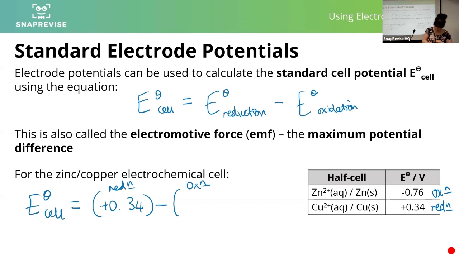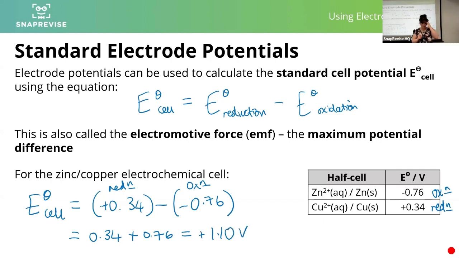So minus minus 0.76. Minus a minus becomes a plus. So it's actually 0.34 plus 0.76. This is using the equation. This is probably how you learned it, and it's absolutely fine if this makes sense to you, then please carry on. That gives me a total of positive 1.1 volts.